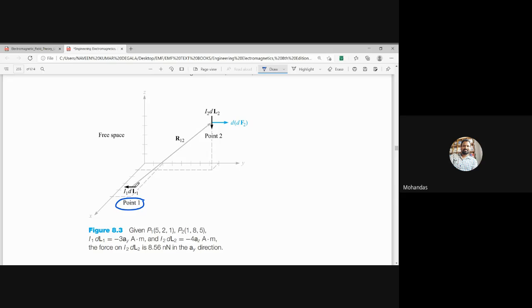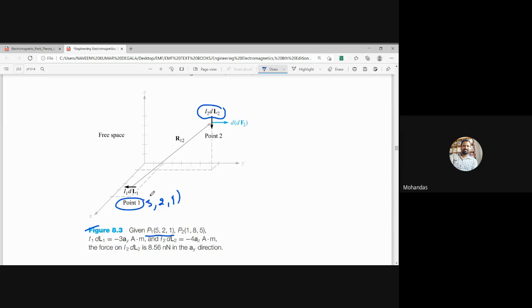And the location, point 1, is 5, 2, 1. Here in the figure, they have given P1 as 5, 2, 1, and point 2 is 1, 8, 5.